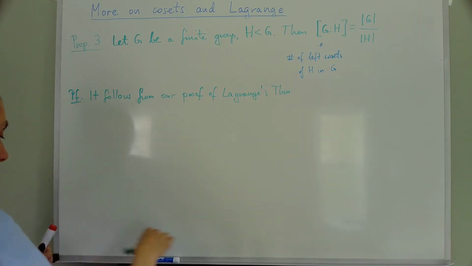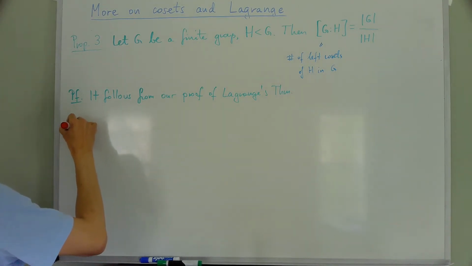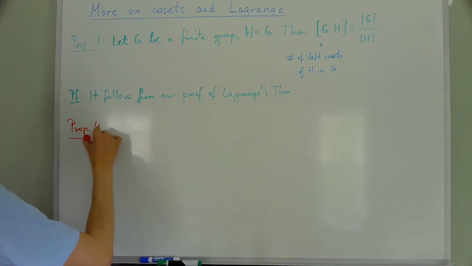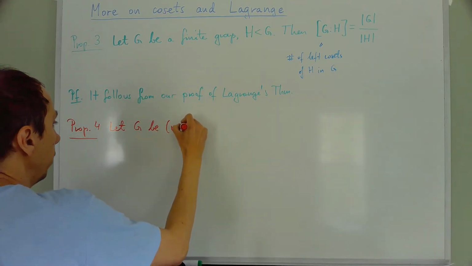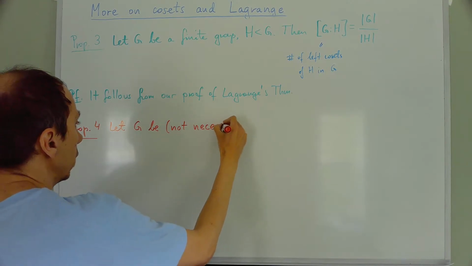So now proposition 4. Let G be a group, not necessarily finite. I don't need finiteness for this.